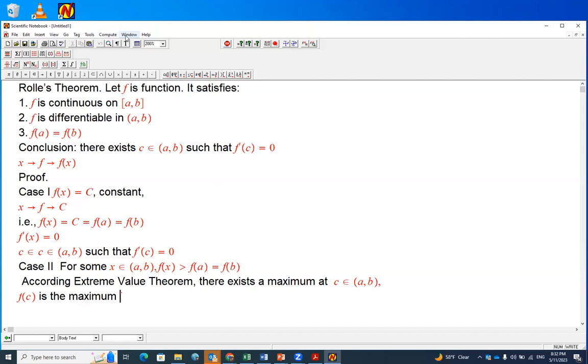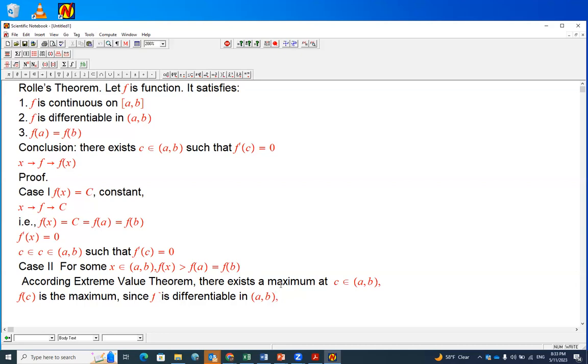Remember, the second condition is that f is differentiable. Since f is differentiable inside the interval, according to Fermat theorem, Fermat theorem would apply.